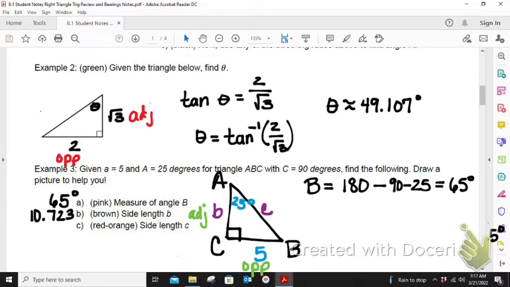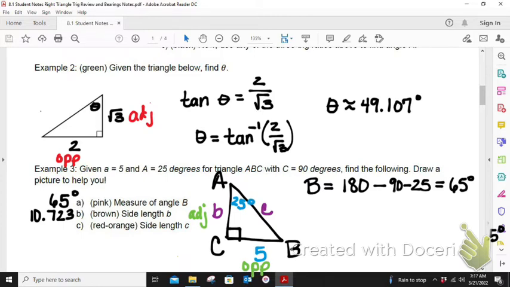You could do the Pythagorean theorem, because technically we know 2 sides now. But I always like to use the given information, because if I messed up part B, now I'm about to mess up part C. So I like to stick with the given information and not go off to do it unless I had to do the Pythagorean theorem. But we can use another trig ratio to find little c. So that's what I'm going to stick with.